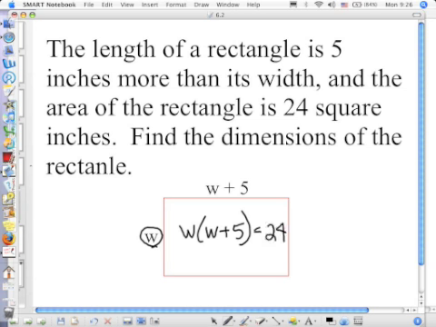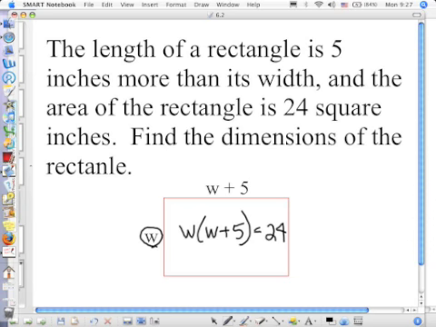Okay? Now it says find the dimensions of the, and I can't spell rectangle. Okay? So we're going to find the dimensions of the rectangle. Now how do we do that? This is a quadratic equation. We're going to put it together, set it equal to 0, factor and solve. Okay?